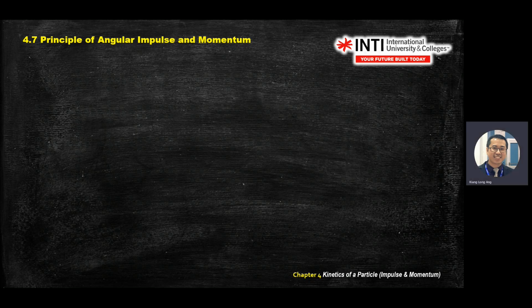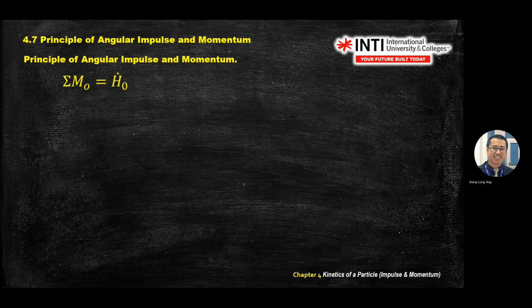This morning, you learned about angular momentum. So we use the same principle, but we apply angular impulse and momentum. The long name is the principle of angular impulse and angular momentum. So you learned that all the moment will equal the rate of change of your angular momentum.